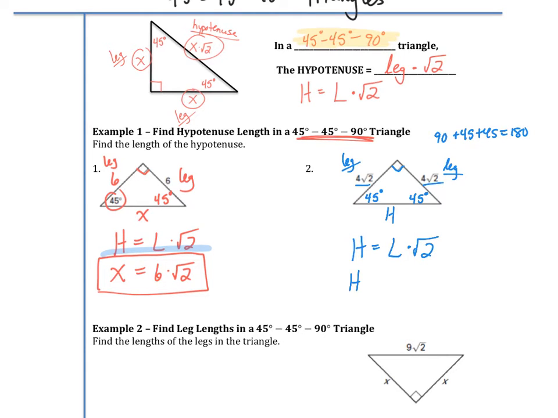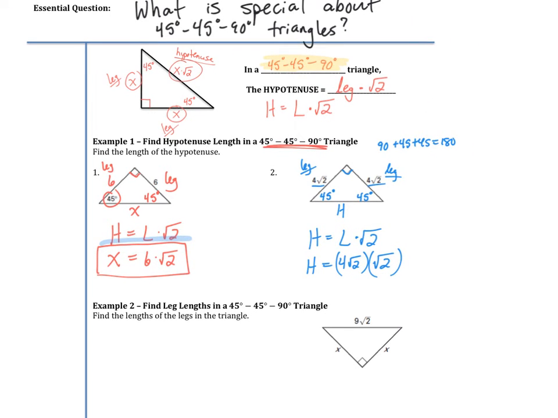So the hypotenuse is h, and h equals the leg times square root 2. So in this case, h equals 4 square root 2 times square root 2. Okay, 4 square root 2 times square root 2 is really 4 times square root 4, because 2 times 2 is 4.